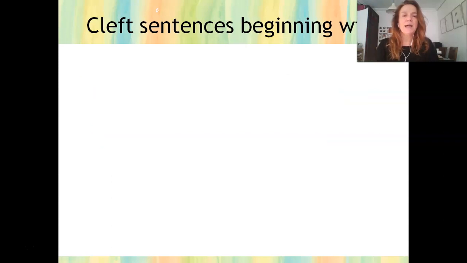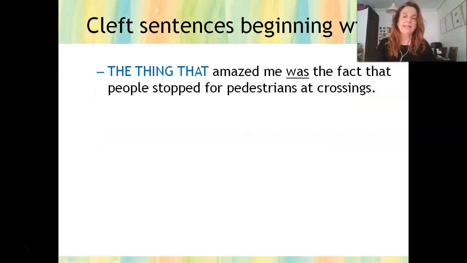And the third and last type is, as I mentioned at the start, the one starting with a phrase and followed by a relative clause and a linking verb, which is the verb to be. So the thing that amazed me was the fact that people stopped for pedestrians at crossings.